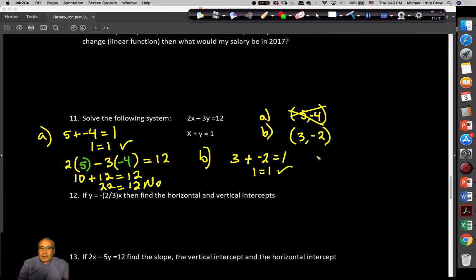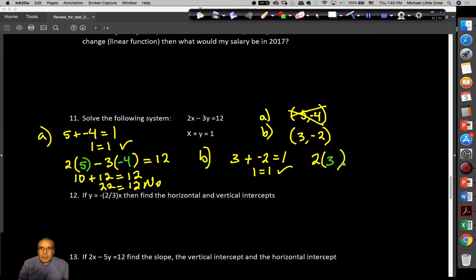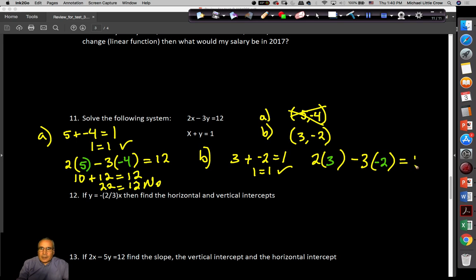Let's try the top one. 2, plug in 3 as a value for x, minus 3 times negative 2, and what we're going to check is, does that equal 12? 2 times 3 is 6, negative times a negative is a positive, that's 6. Does that equal 12? 12 equals 12, yes. So it works in both equations.